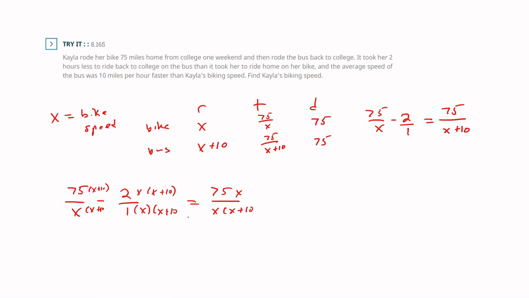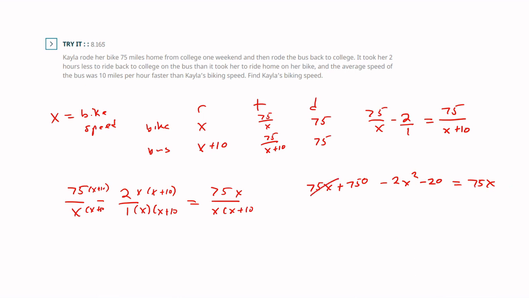Okay, so now we have common denominators. It's all matched up, so we're going to multiply through here. Now I'm going to take this 2 along for the ride. I'm sending minus 2x through here. I get negative 2x squared minus 20. And all this equals 75x. The bottoms don't matter anymore.